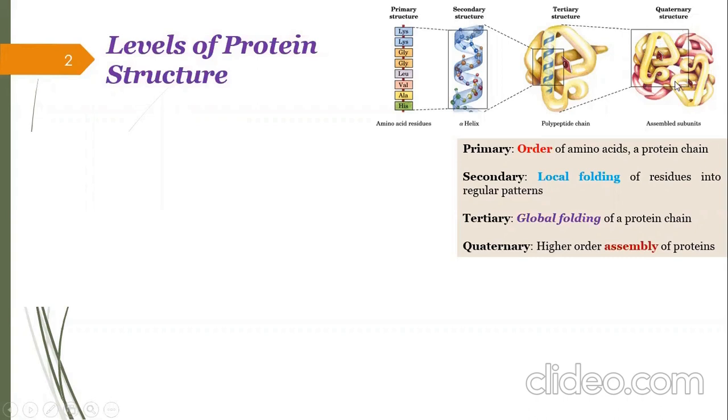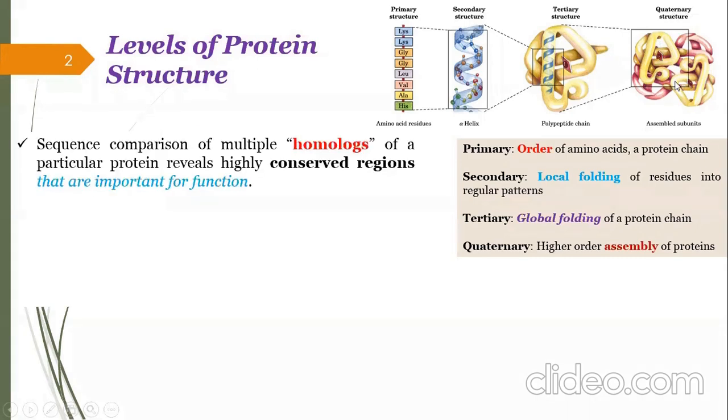So, sequence comparison. This is a bit different aspect from this one, and that is how we can determine a conserved region within a sequence. So we need to align multiple sequences. Multiple sequence comparison of multiple homologs of a particular protein reveals highly conserved regions that are important for function.